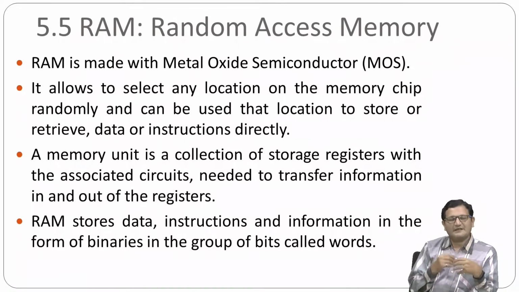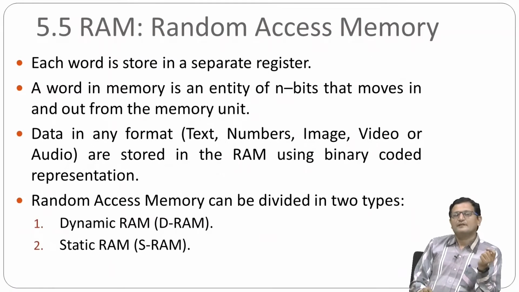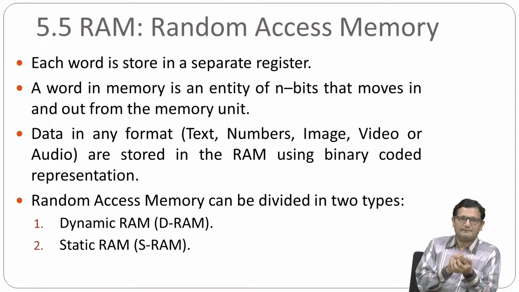Whether it is a video file, an audio file, an image, a text string or any numerical data, that data gets converted into binary, and then that binary gets stored into the different cells in the random access memory.